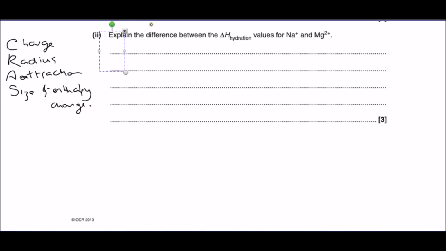So we'll deal with the charge first of all. So we say that Mg2+, it's very important that you either say the magnesium ion or you put Mg2+. If you just put Mg, then you will not get any marks for this. So Mg2+ has a larger charge than Na+. Again, you've got to have that plus sign in there. That's the first mark.